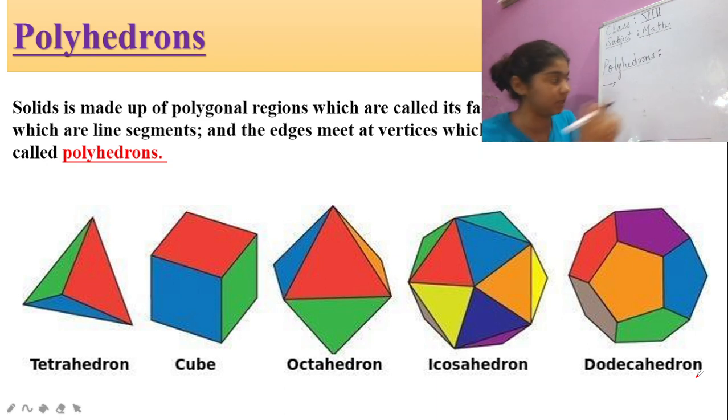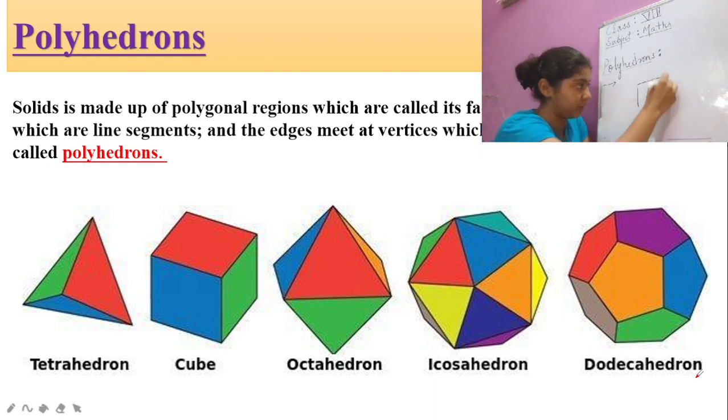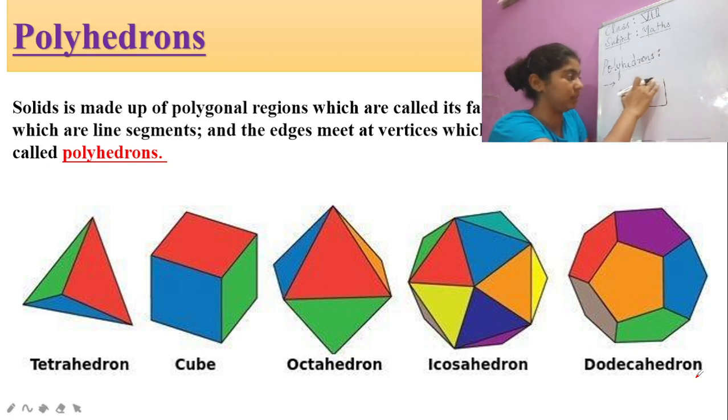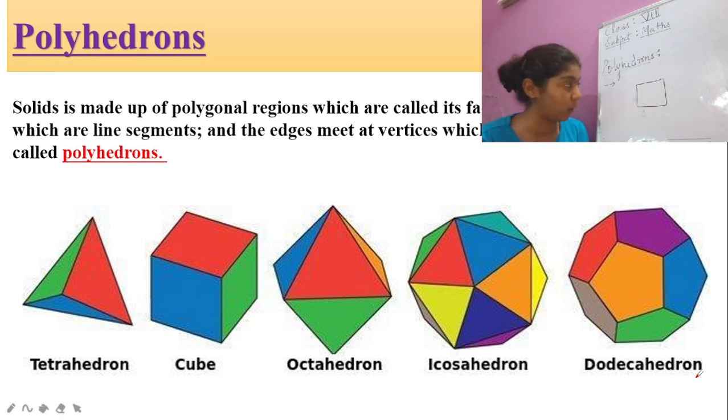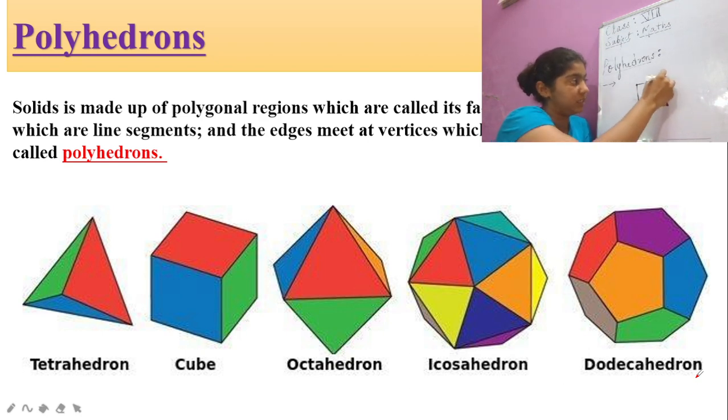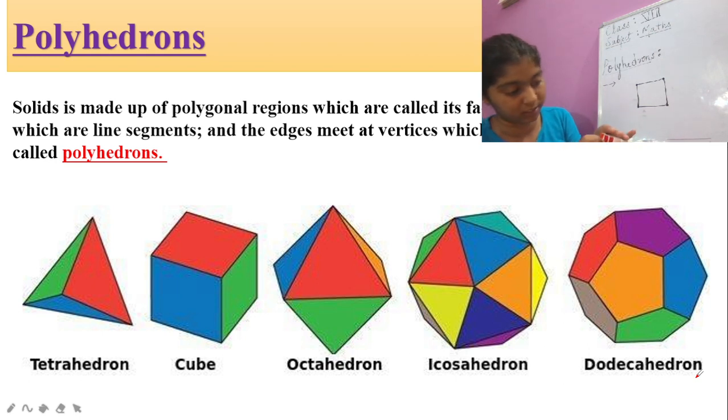Let me draw one face of this cube. Okay, this is the front face of the cube, you can see it. So students, where do you find the edges, faces and vertices? Basically, these are the edges, these are the vertices. We have 4 vertices, 1 2 3 4 at the corners, right?